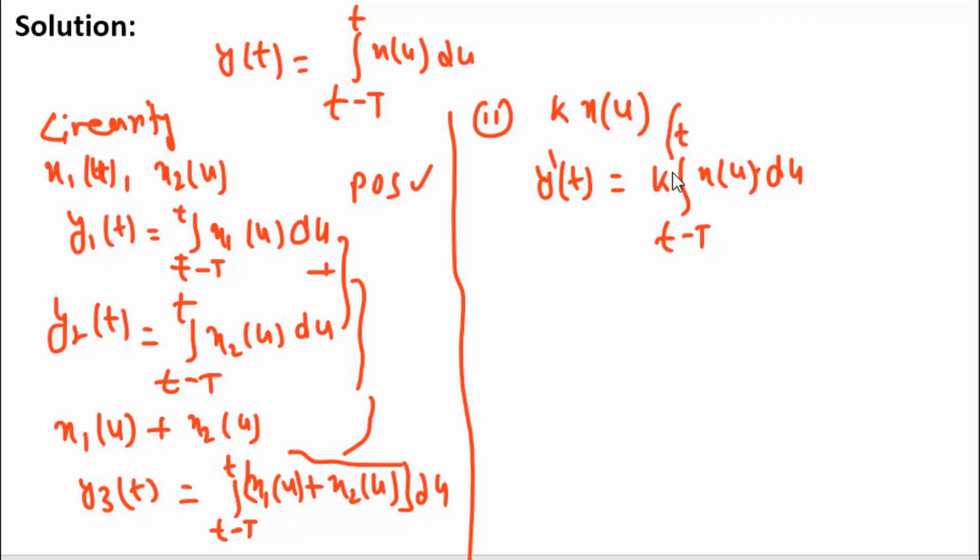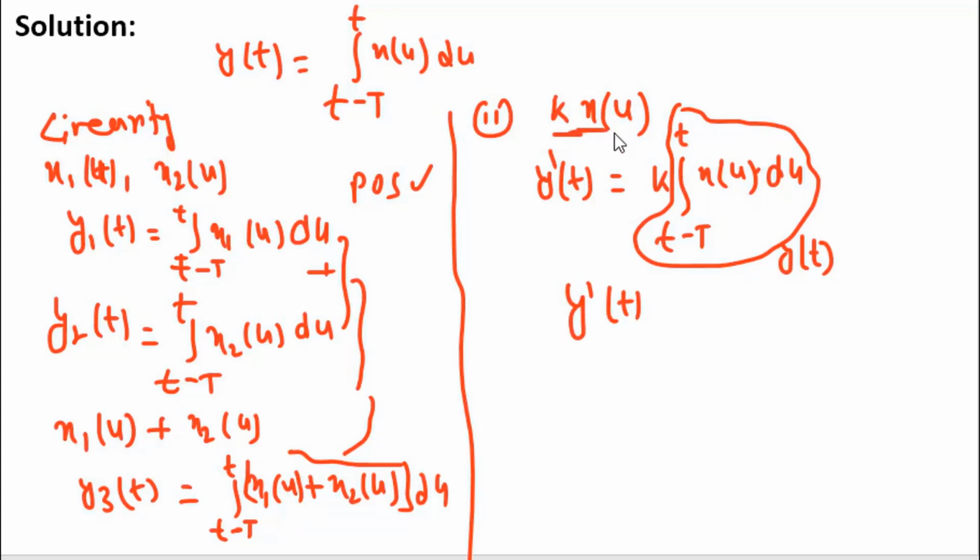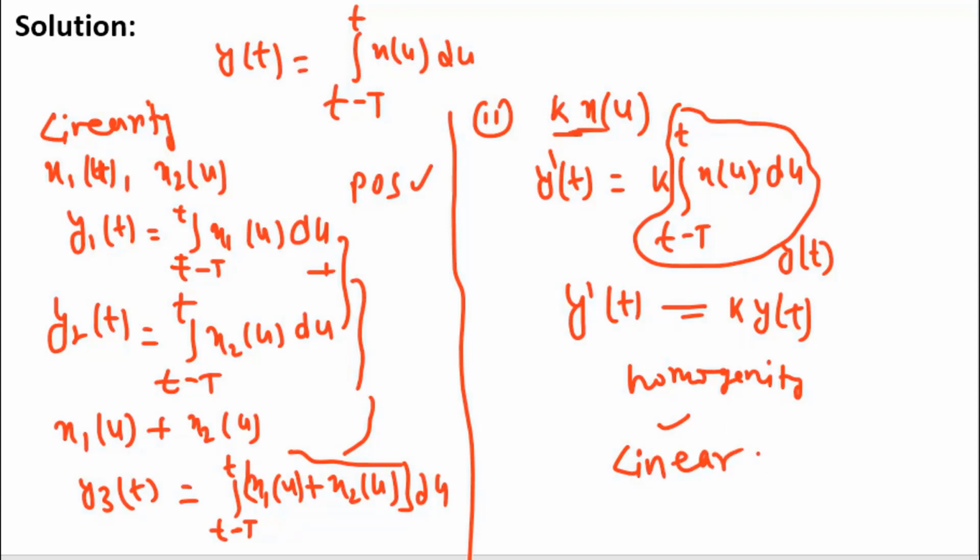So clearly this is your initial y of t. So your y dash t for a scaled input, that is k times x of u, becomes k times y of t. So your homogeneity principle is also satisfied for this input output relation. So this system is a linear system.